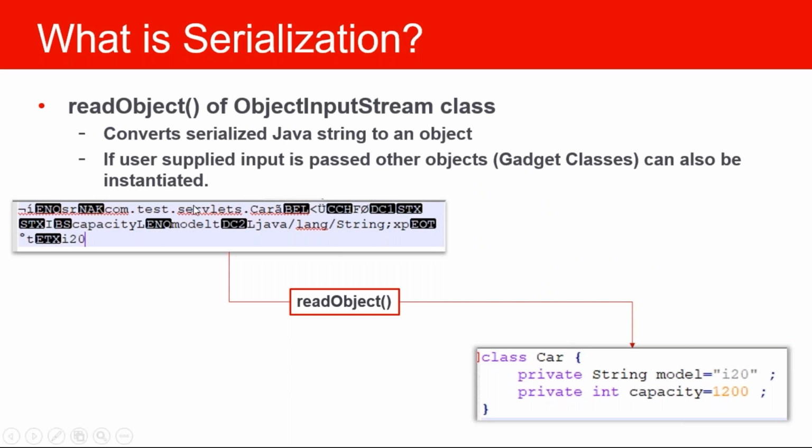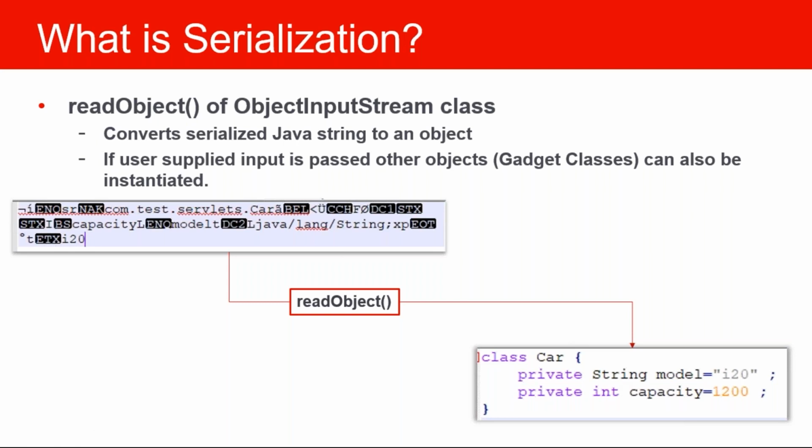Let's say there is a car object and we want to send it from system A to system B. All we need to do is serialize the car object, package it as base64 or any kind of encoding, and send it over the network. At the receiving system B, it simply takes this serialized string, passes it to the readObject function, and creates the car object out of this serialized string in memory itself.